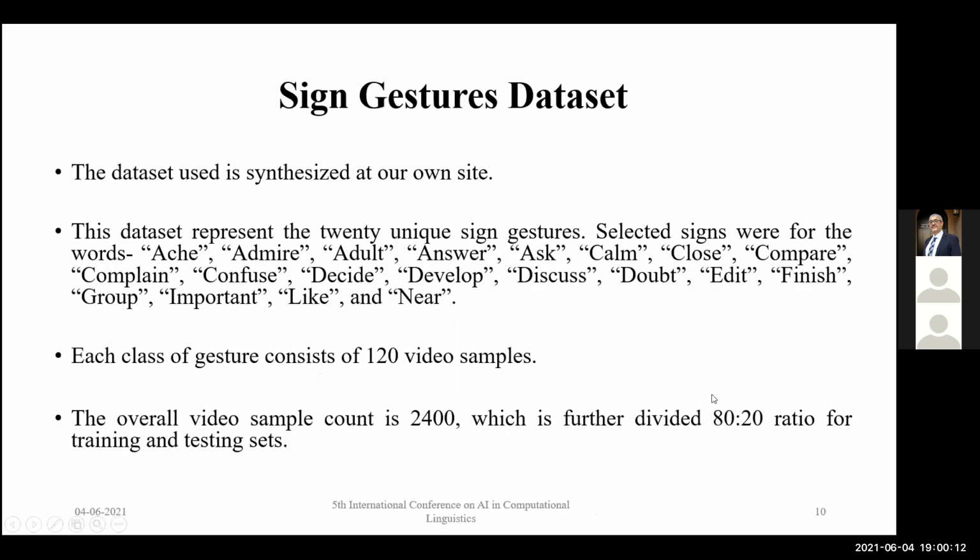Talking about our experiment, this is what we had done. For the sign gesture data set, we had considered 20 gestures, something like ache, admire, adult, answer, ask. These are signs explaining situations in any language of any nation.